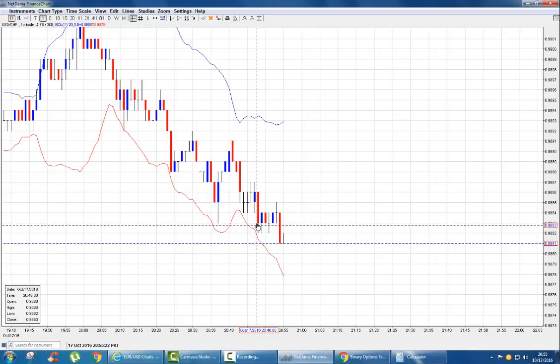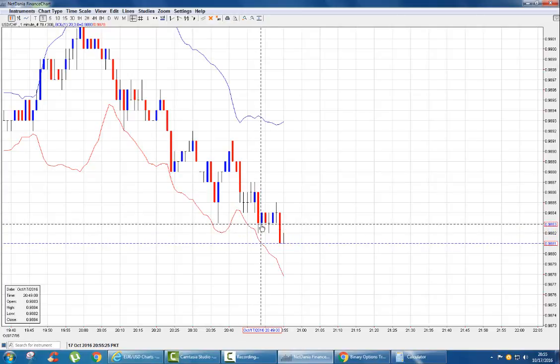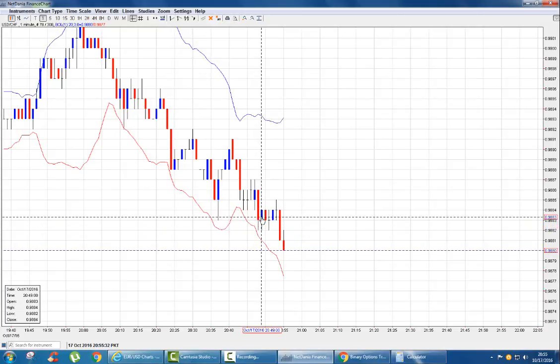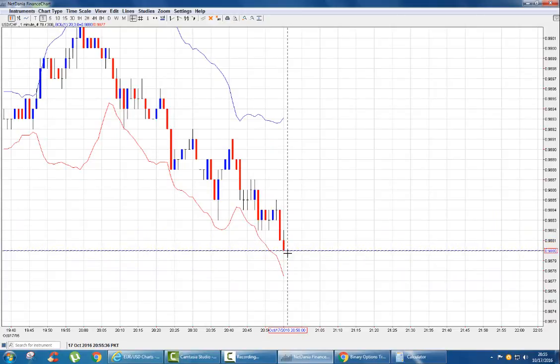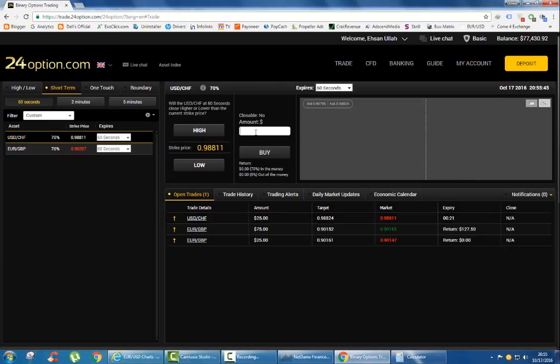They haven't touched it though. This time here it has tried to touch, but then the next candle was a winning trade. Definitely if we had entered here, we would have been in the money. But since there's another red candle being formed, that's an obvious losing trade.